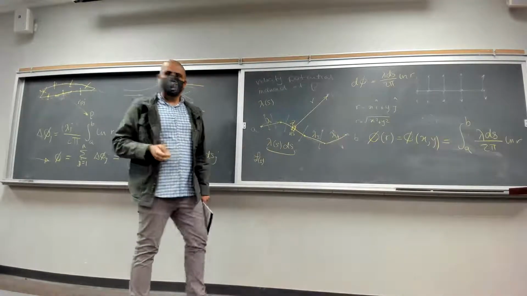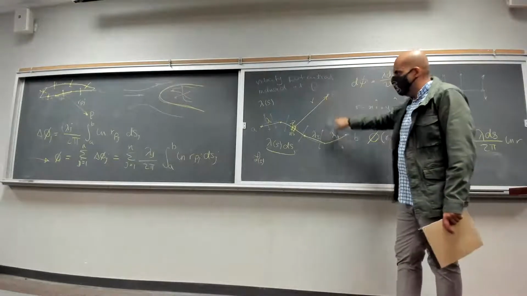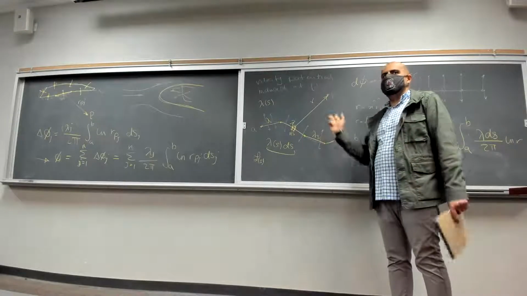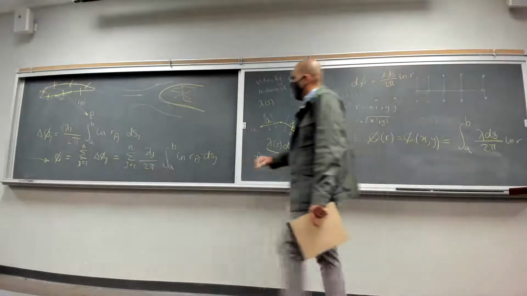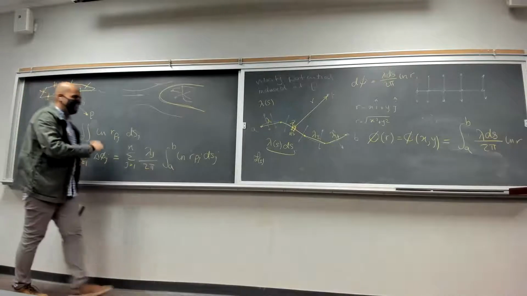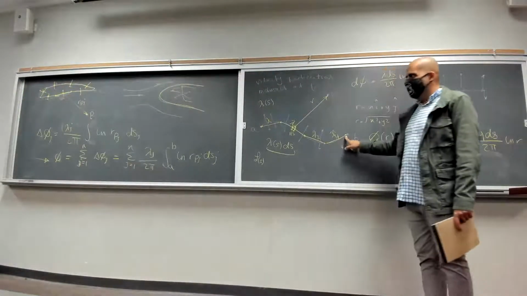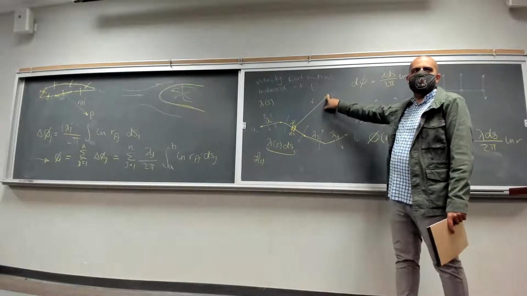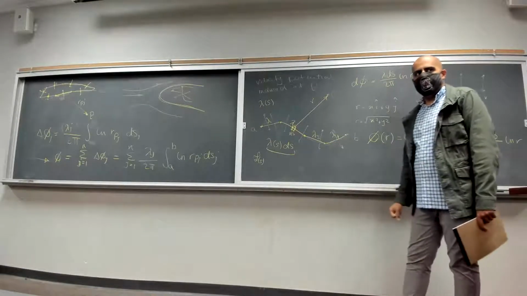So the velocity induced by this panel on this point P is going to be lambda 4 divided by 2 pi, and lambda 4 is not changing, it's constant. You can take it out of the integral. Integral from this point to this point of natural log of r, this distance, right? Multiplied by ds, which is the derivative of the surface here. Okay?